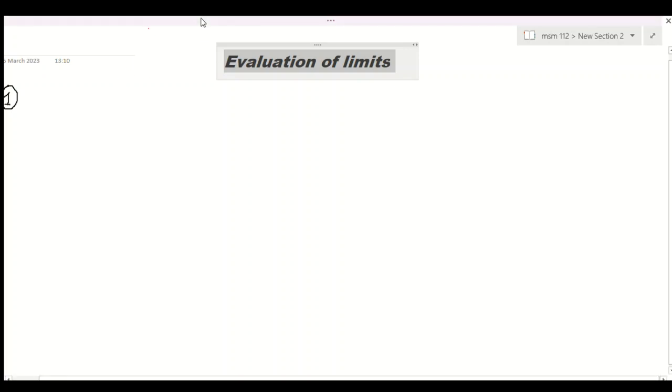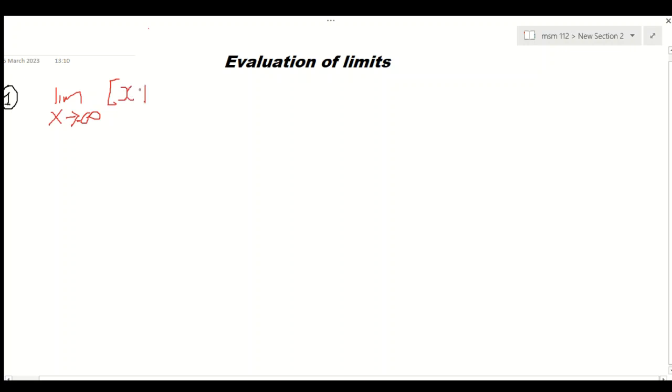To start with, I'll start with this question: finding the limit as x approaches negative infinity of x plus the root of x squared minus 4x plus 1.